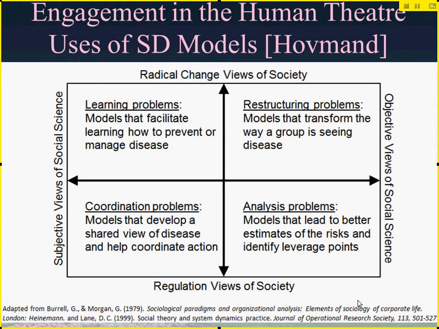And he argues that the models that are built, and actually this comes out of other people's work too, are distinguished by to what degree they focus on things that are more objective and based on very clearly defined, well-known quantities, versus things that are more subjective and based on people's perception of things.